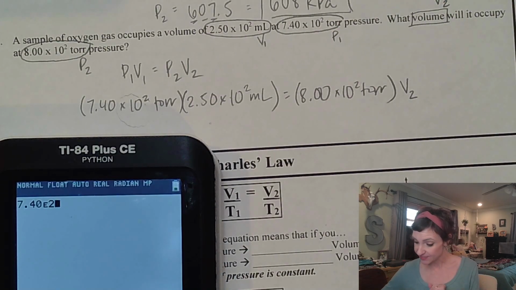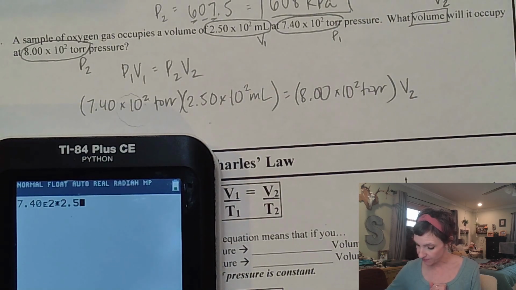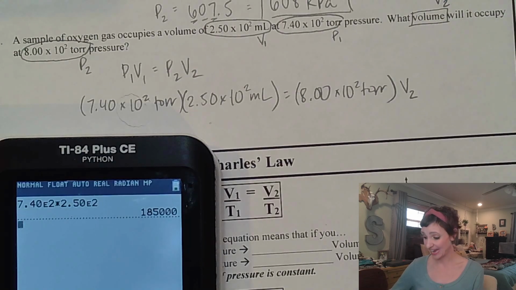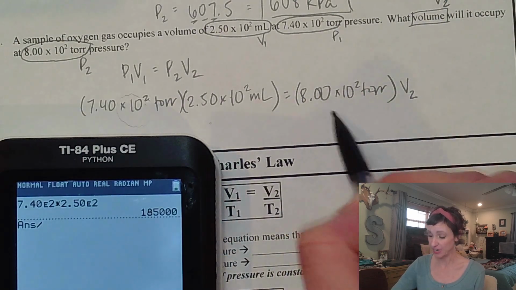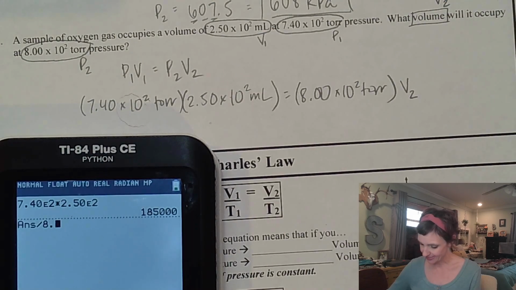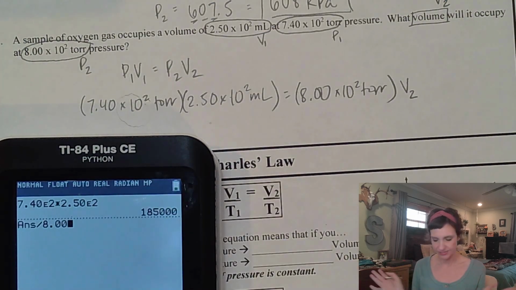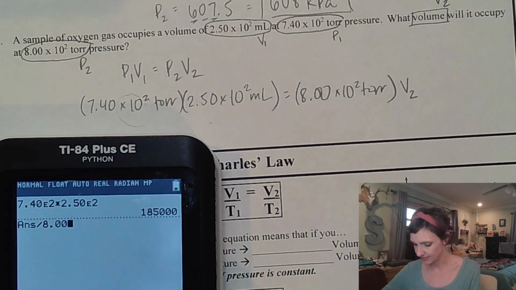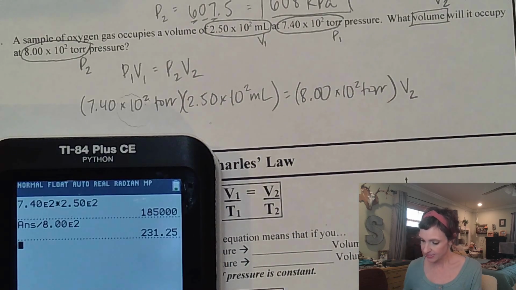So that's my first value. My second value, also in scientific notation, times 2.50 E2 equals that. And then I'm going to divide by my P2, which is 8.00. I feel silly putting the 0.00, but I feel like I'm trying to track with you guys here. E and then 2.